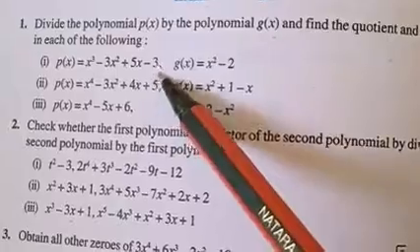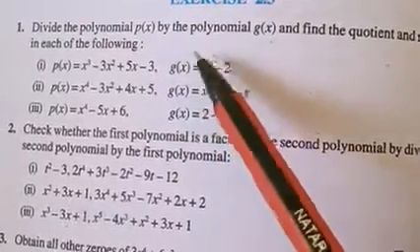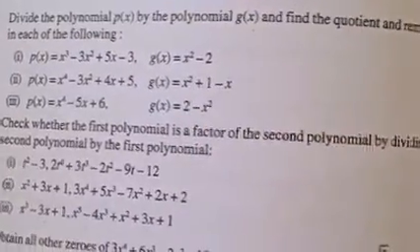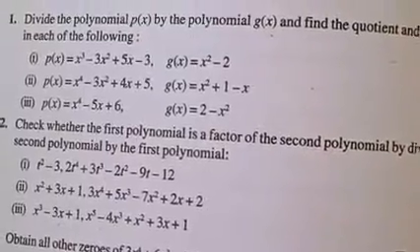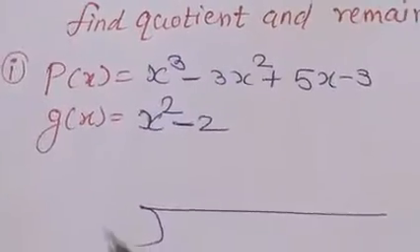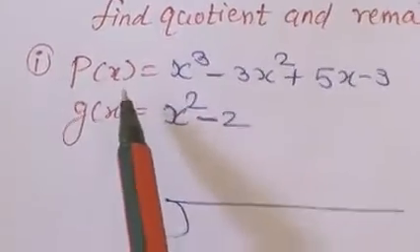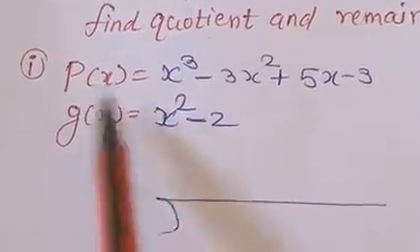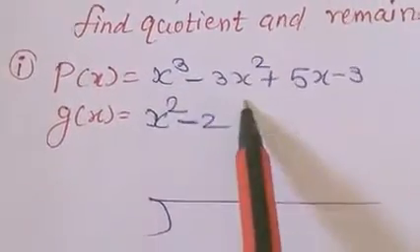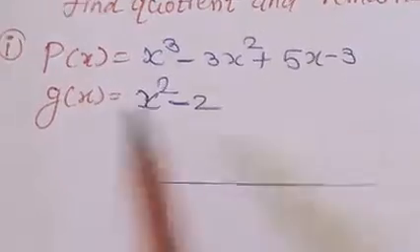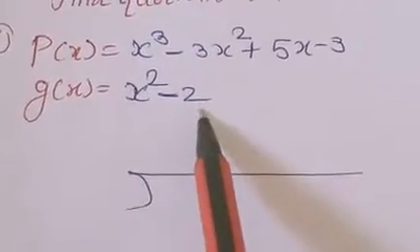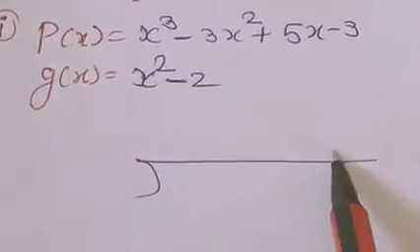For that, we use the division notation. How to divide? See now. In the answers, you copied p(x) equal to x cube minus 3x square plus 5x minus 3, g(x) equal to x square minus 2, and you are using the division notation.